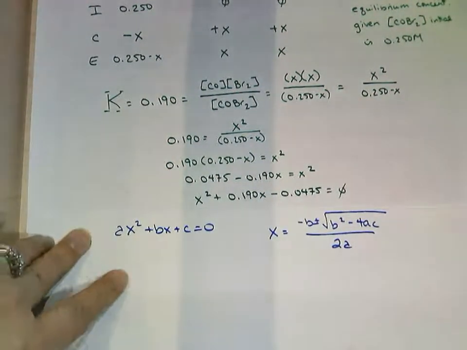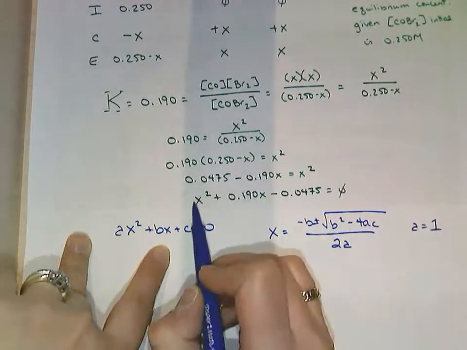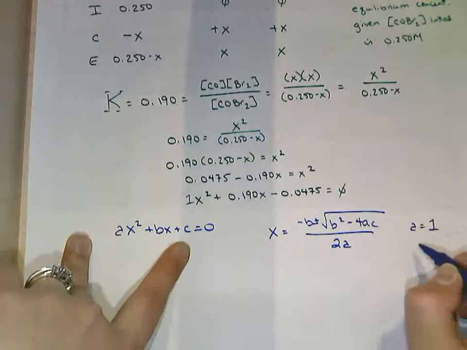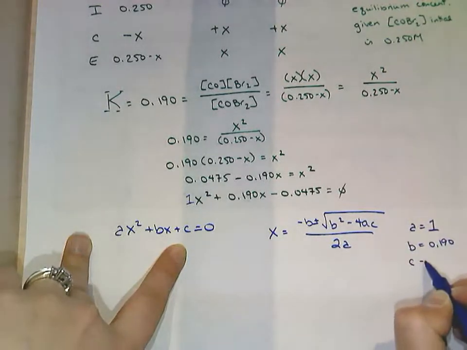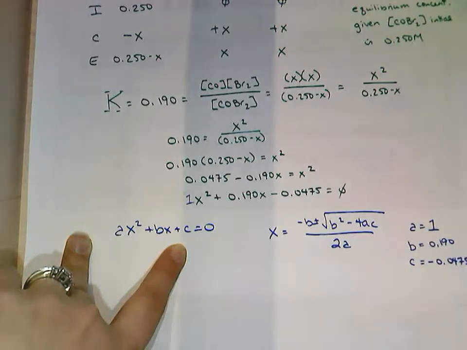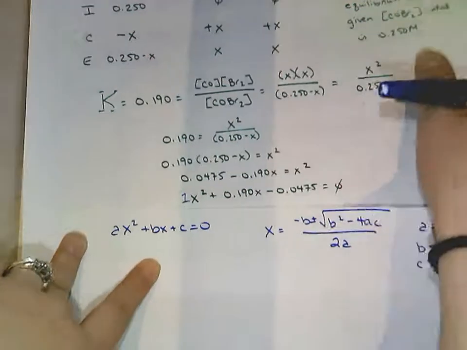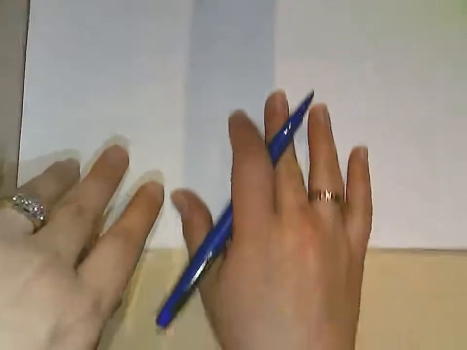In this case, a is 1, the implicit 1. B is 0.190, and C is negative 0.0475. So we can go ahead and plug that in.